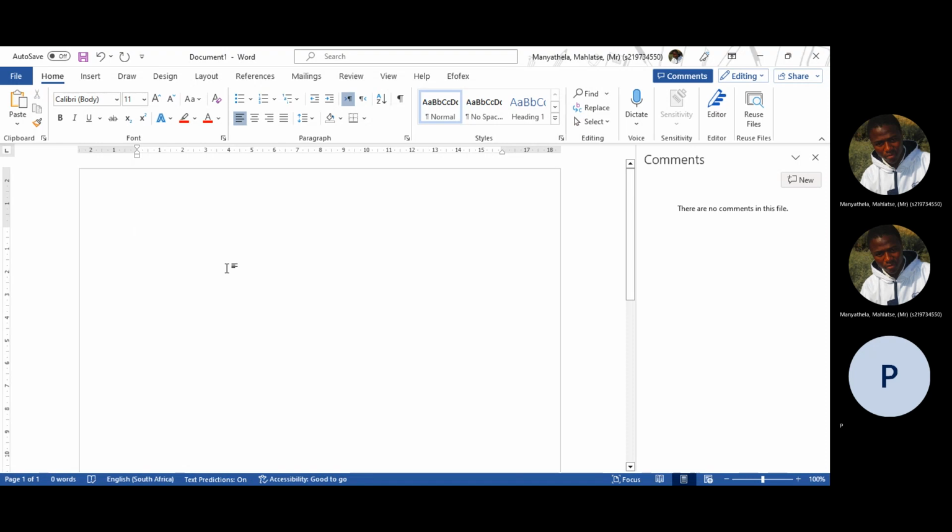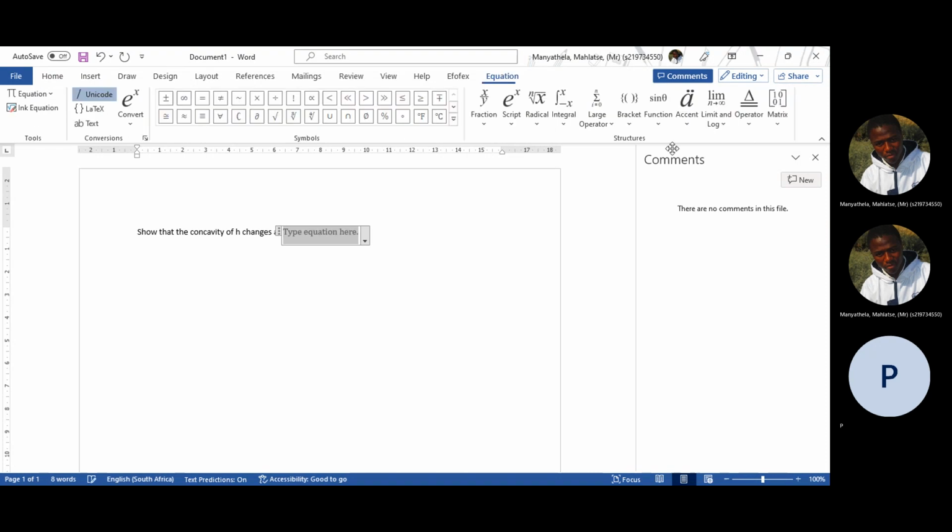So going to the next, it says, show that the concavity of H changes at x equal to 1 over 2.